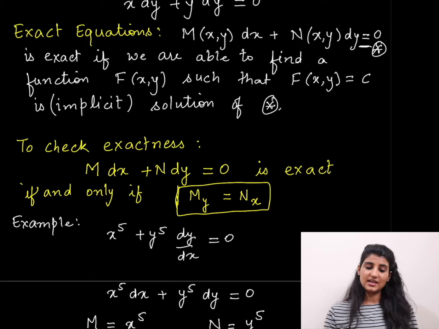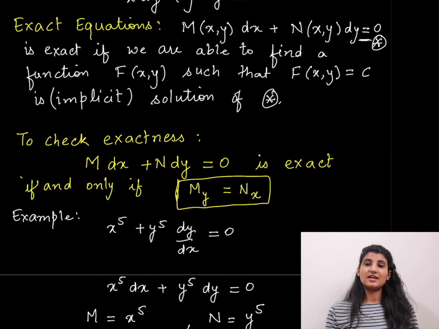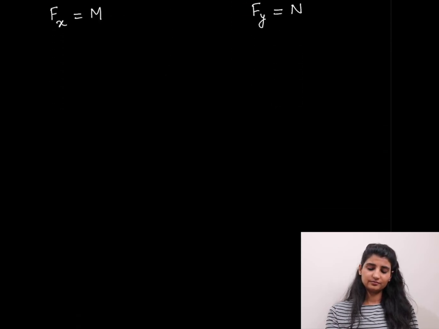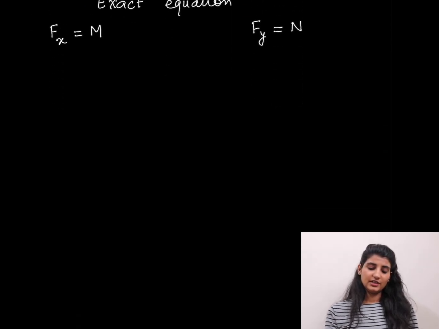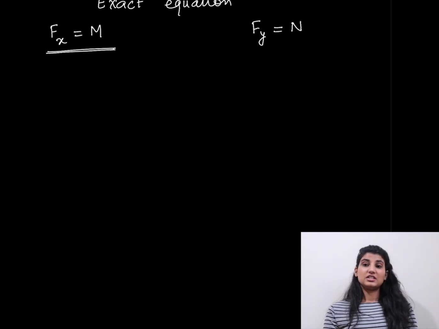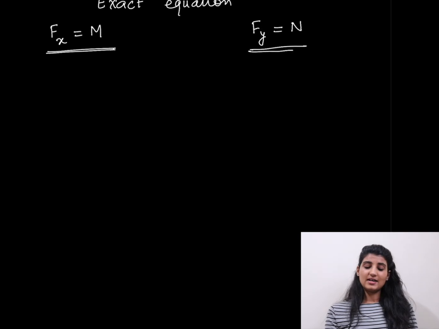If the equation is exact, we have an f such that f(x,y) is a solution, and fx is equal to M and fy is equal to N. Okay, fair enough. So we can start working with any of these equations. If integrating M with respect to x is easy, you can start with this equation. If integrating N with respect to y is easy, you can start with that equation.